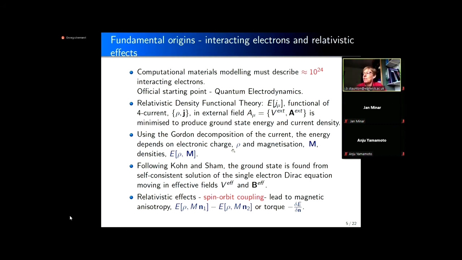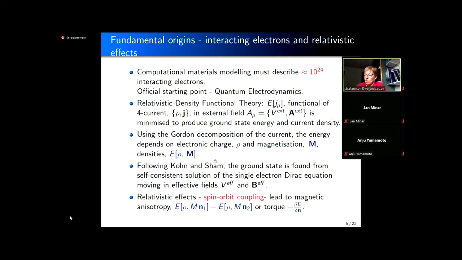And so one then ends up with, again, an energy functional, which is now formally a function of the electronic charge density and the magnetization density. And then, as I said, one then proceeds to minimize this with appropriate approximations for the exchange and correlation, etc., by solving a single electron Dirac equation moving in effective fields. So that's the fundamental starting point.